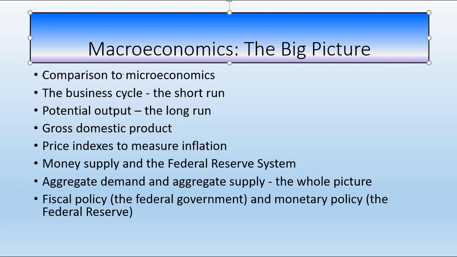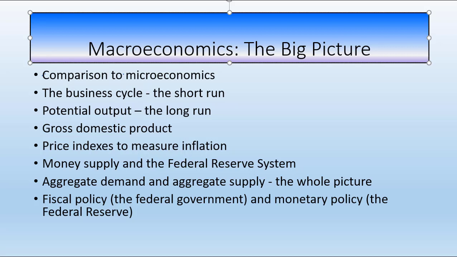In macroeconomics, it unfolds a little differently, but the big picture of macroeconomics and what it is designed to do is pretty cool. We'll talk about the business cycle, which is the short run. We'll look at potential output, which is the long run. We'll study gross domestic product, which is output.